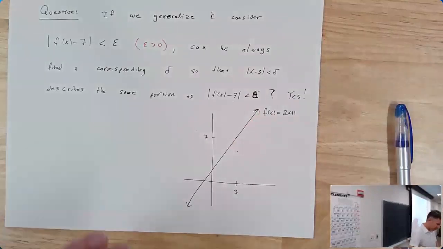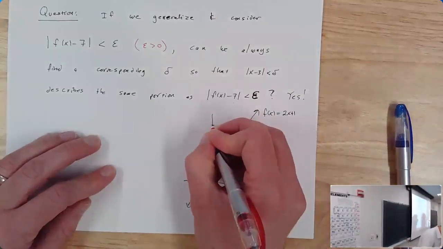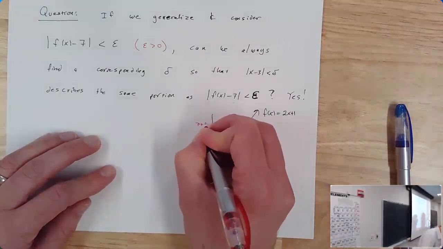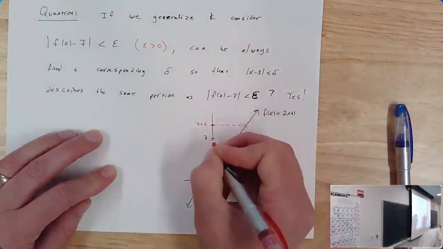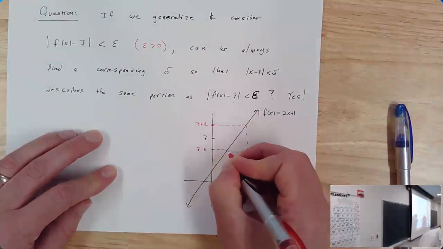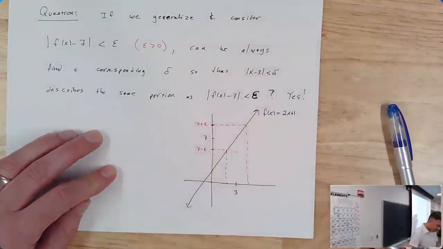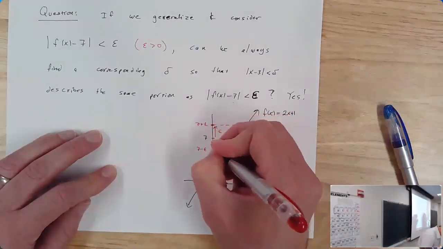I'm going to make it a little bigger so it doesn't look terrible. Let's say that's 7 plus epsilon, and down here is 7 minus epsilon. So we're going epsilon above, epsilon below.